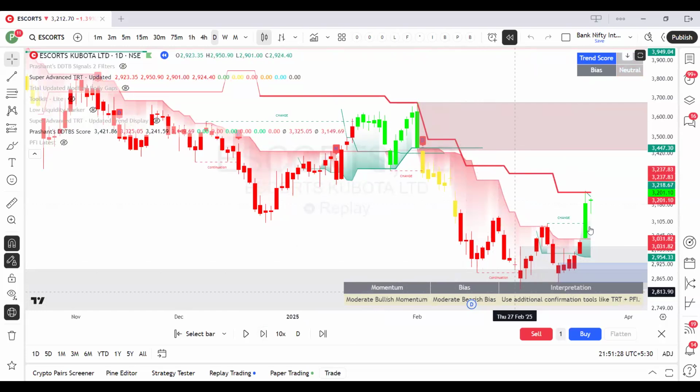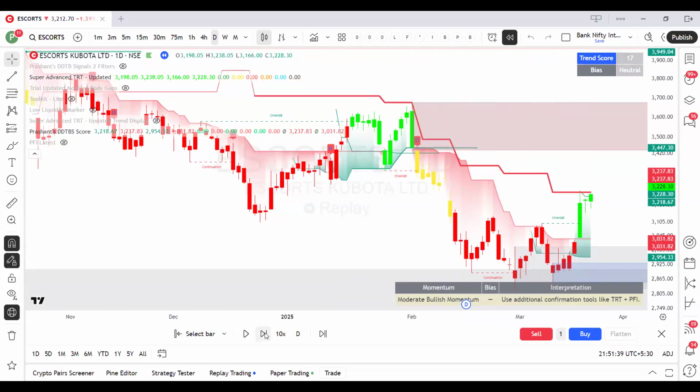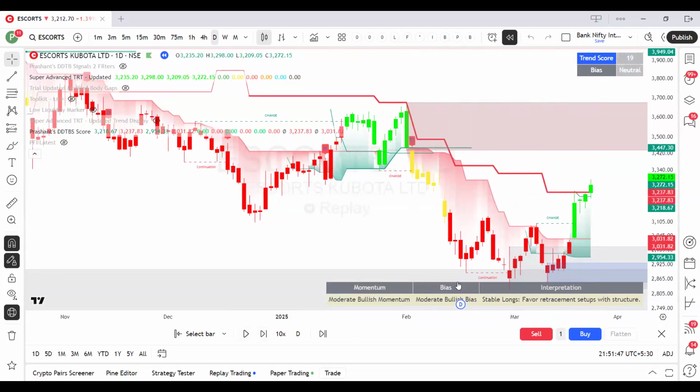It has become moderate bearish because there is this green band forming of the chart time frame, and this red is still present. And with moderate bullish momentum, price is in between. Therefore, bias is not determined. We don't know what the bias is. Now, moderate bullish bias, moderate bullish momentum. Stable longs favor retracement setup with structure.